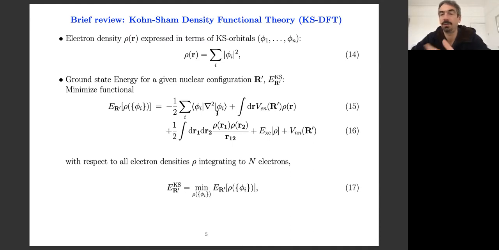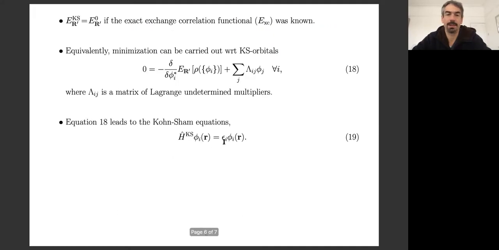So that means that you have to guess the solution first, construct your Kohn-Sham Hamiltonian in this way, and then diagonalize it to see whether the output orbitals match the input orbitals. Usually that's not the case, and then you have to reiterate until input orbitals are output orbitals, right? Okay, so that gives you then the ground state density. It's not the exact ground state density, and it's not the exact ground state energy.